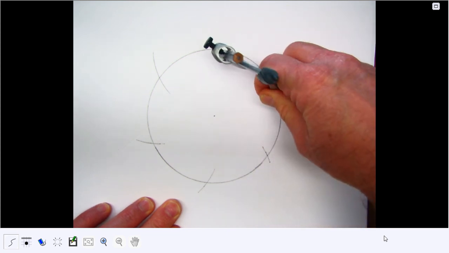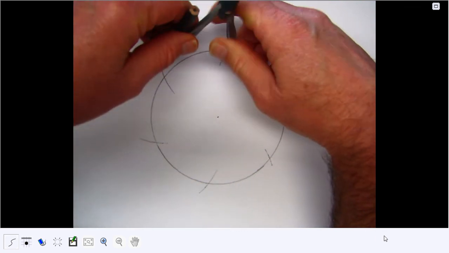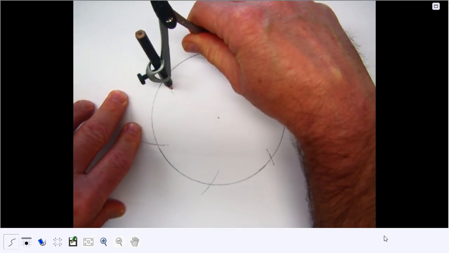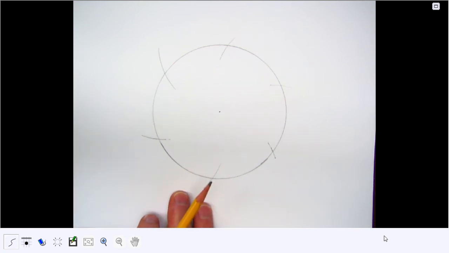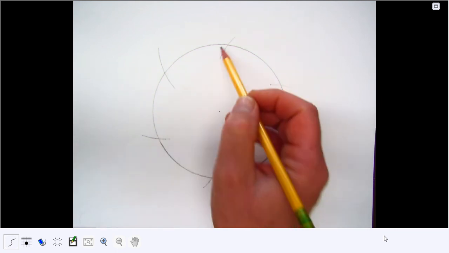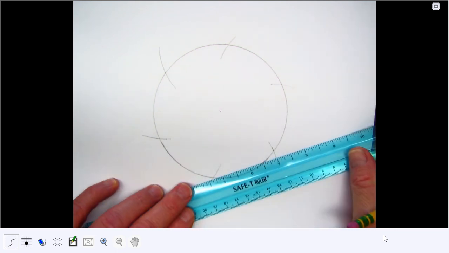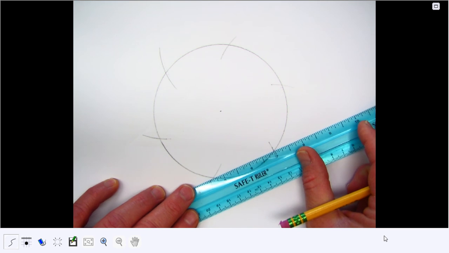I'm going around. This one should be where I started if I did it right. And this one should be roughly there. It's a little bit off, but it's close enough for this. I have an arc here, arc here, arc here, arc here, arc here. And now I'm going to connect these arcs.